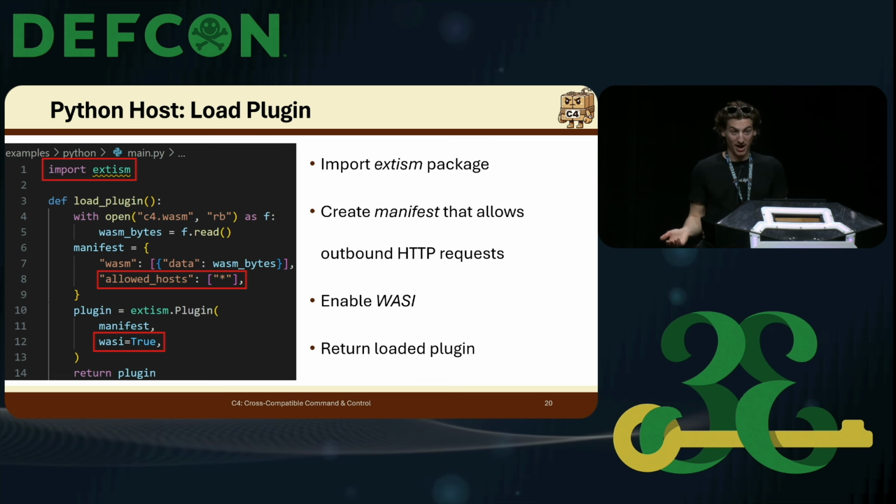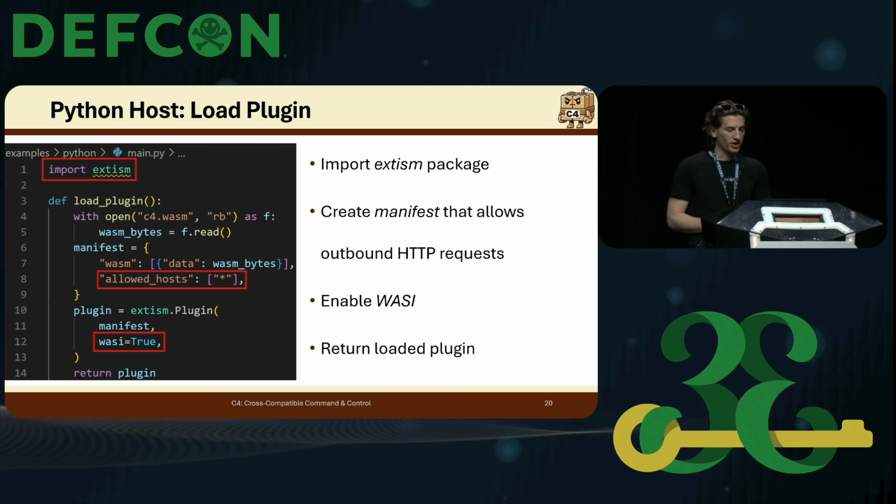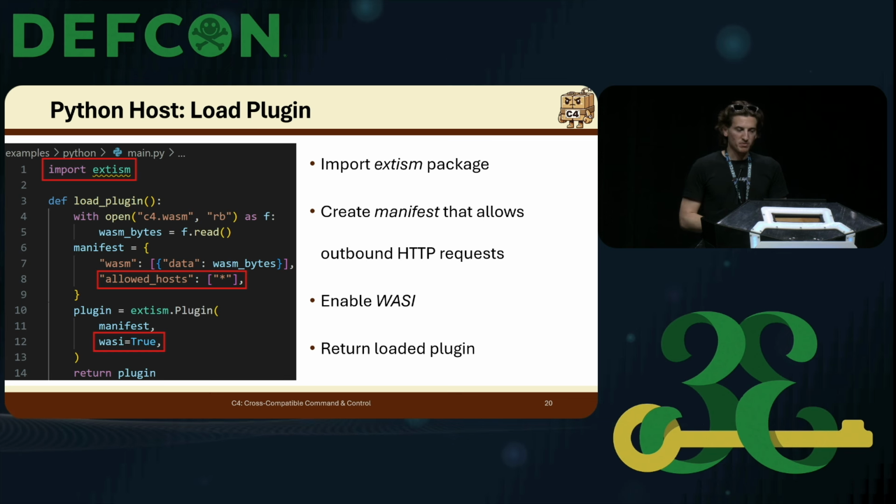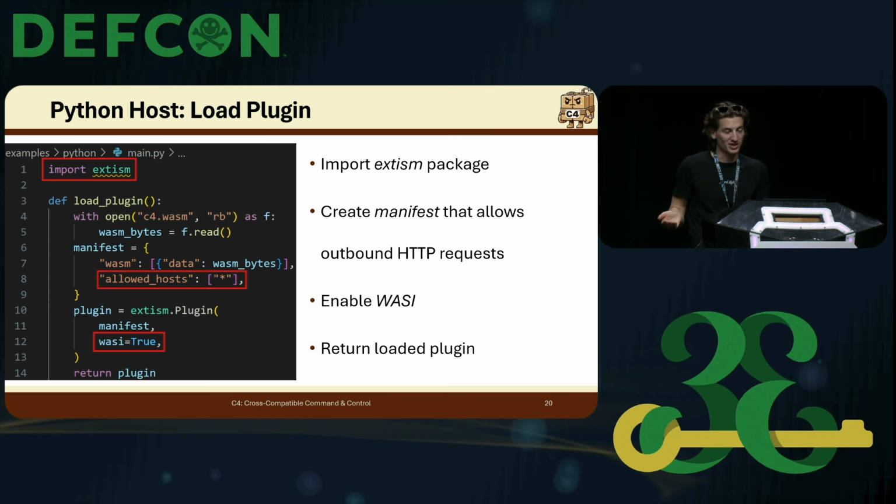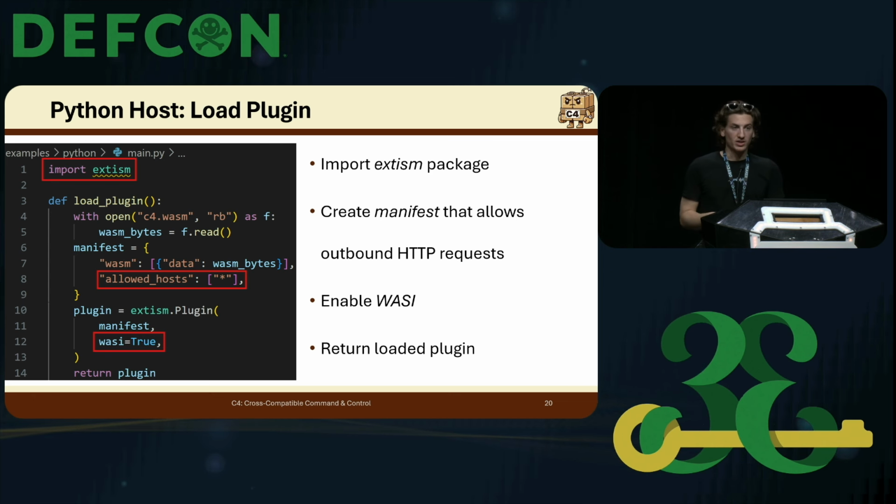You import your extism package, and then inside of a manifest configuration, you have to specify that this WebAssembly module is allowed to make network connections, and in this case, I just allow it to make connections anywhere, but if you wanted to be more OPSEC safe, you could limit it to just AWS S3. Then you have to enable WASI, because we're making network connections, we're reading the files or the system time, all that fun stuff. So we enable WASI, and then we have a loaded plugin, and we can start actually calling it and making actions.